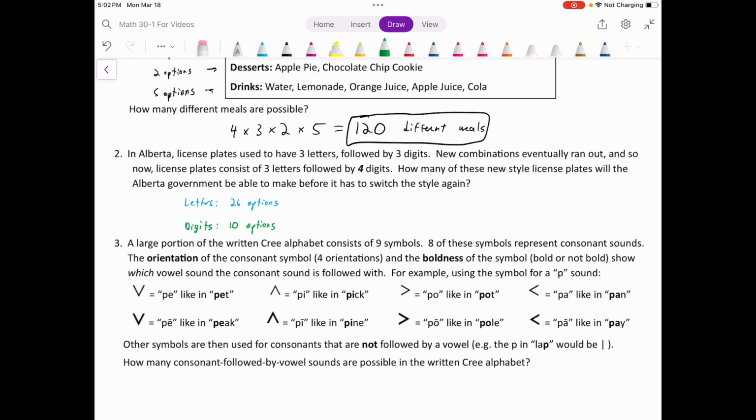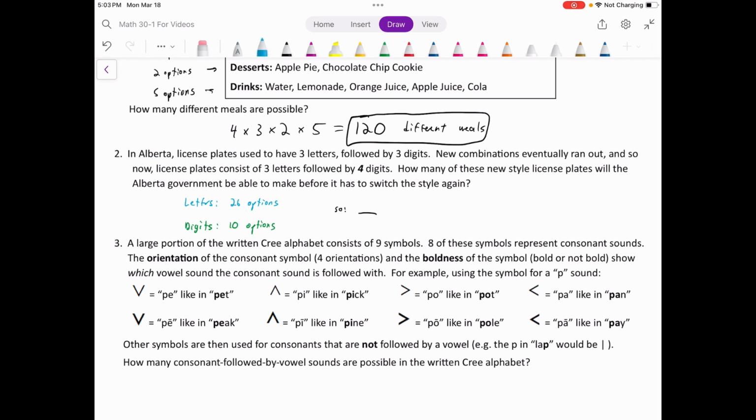Okay, so if we think about this, what we're doing here is choosing 3 letters and 4 digits. Now, again, we're choosing not 1 letter and 1 digit, we're choosing 3 letters. So how many ways are there to choose 1 letter? Well, we have 26 options.